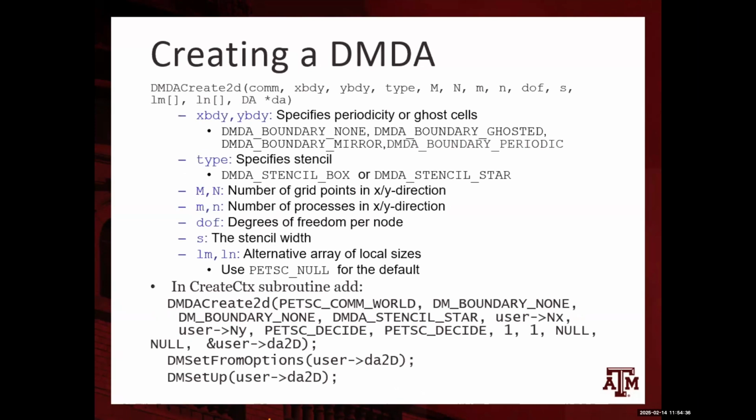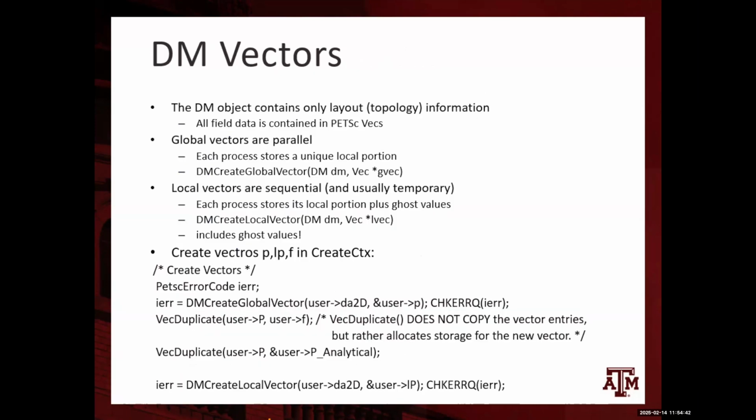So this is within the PETSc error code create subroutine. Yes, it's within that. I declared the subroutine as PETSc error code. So you can call it within itself. No, I haven't called it yet.